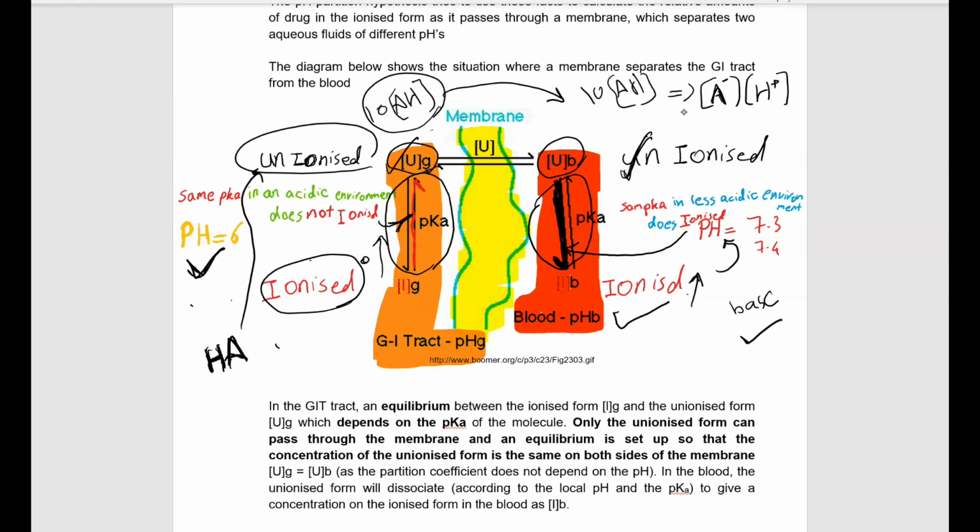So this will increase the concentration of the ionized molecule. The only thing we have to know is that the concentrations of these two unionized molecules are the same, and the concentrations of the ionized in the intestine and the ionized in the blood depend on the pH of the environment.